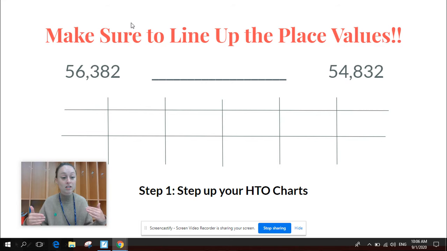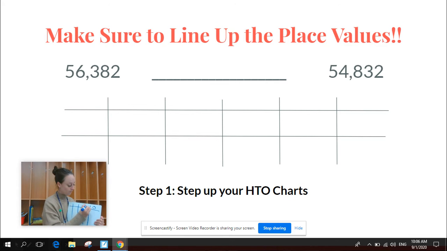Very first thing I need to do, I need to make sure I'm lining up my place values, okay? So the very first thing we're going to do, we're going to compare 56,382, and I'm comparing it to 54,832. So what I'm going to do, like I said, step 1, create your HTO chart. I always start off with my 1s.